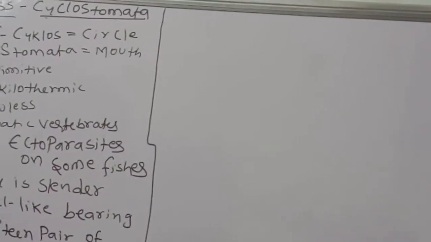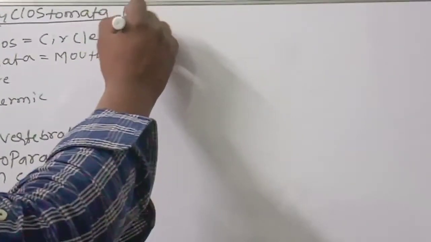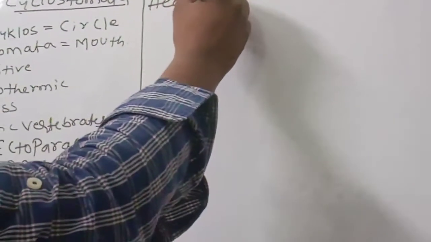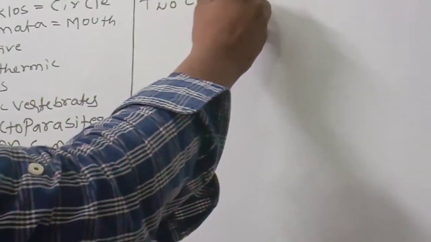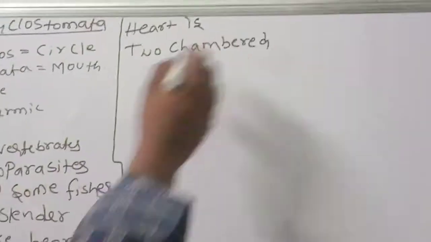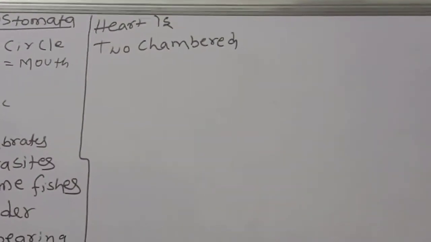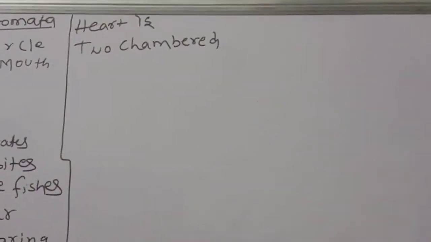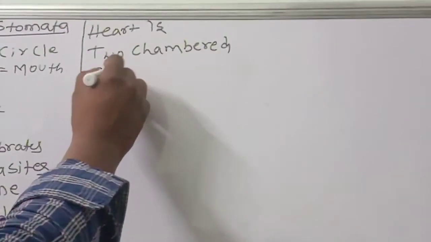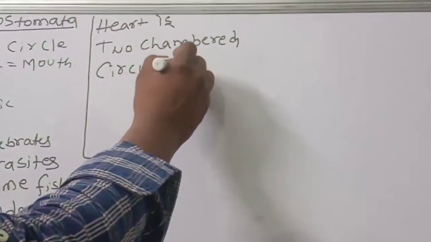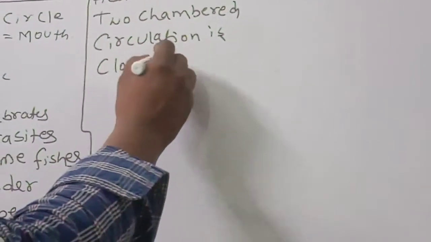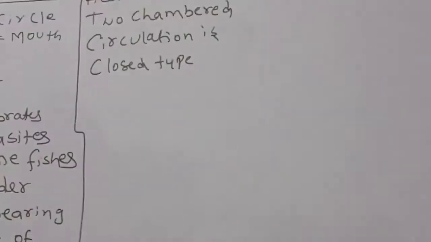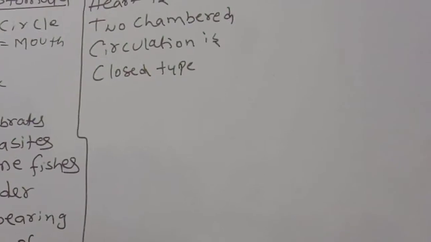The next point about the cyclostomata: the heart is two-chambered. Everyone knows the heart is two-chambered. And the most important one is that circulation is closed type.